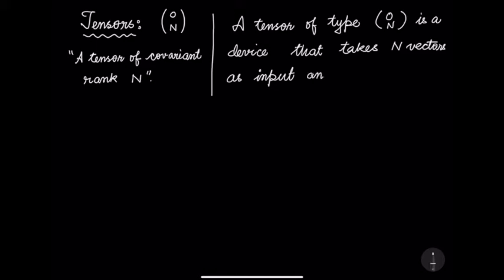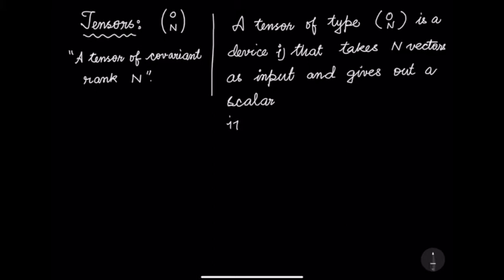It does some operation with these n vectors and gives out a scalar. Okay, so this is one criterion for it to be a tensor, that it has to take n vectors as input and give out one scalar if it is of the type 0n.